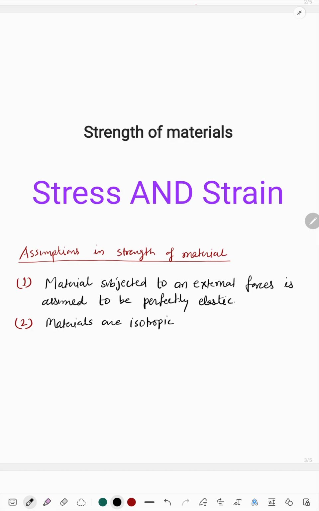Isotropic means same properties in all directions, if a point is considered within a material.